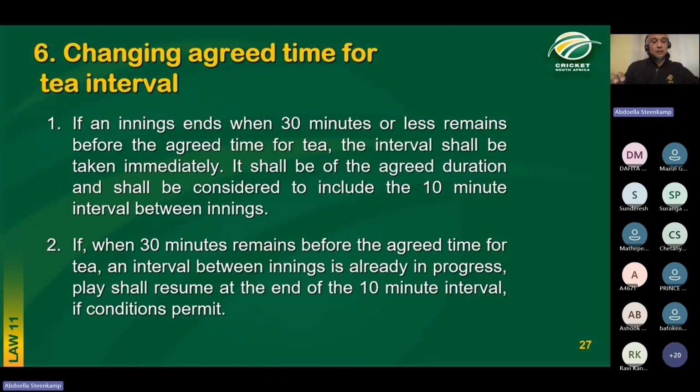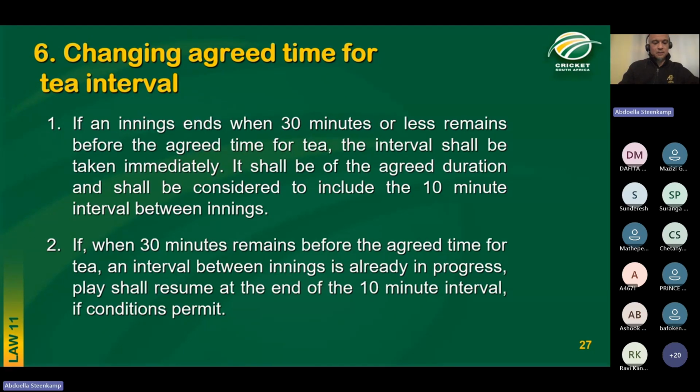Point 2: when more than 30 minutes remain before the agreed time for tea, there's already a change of innings interval in progress. Play needs to resume at the end of the 10-minute change of innings interval. An example to illustrate this: our tea is at 3 o'clock. At 14:25, South Africa gets dismissed. Can we take tea at 14:25?